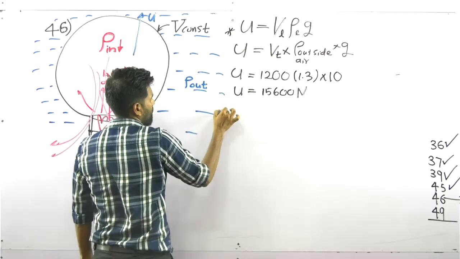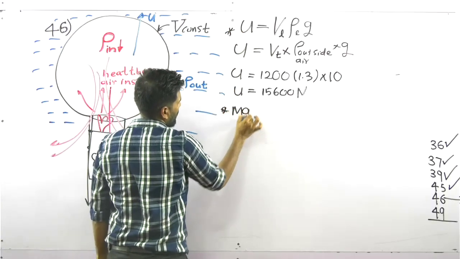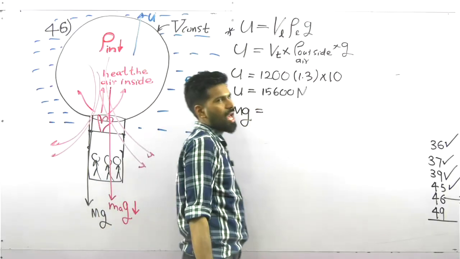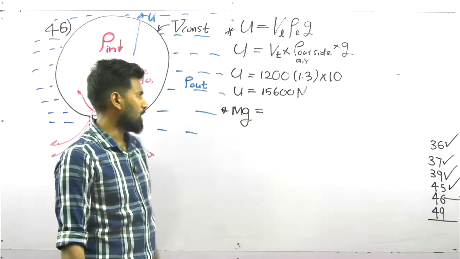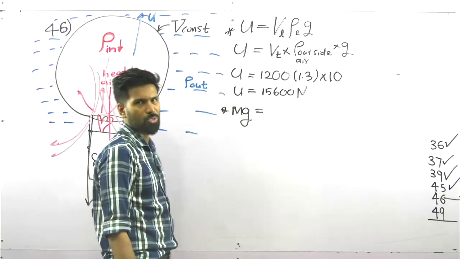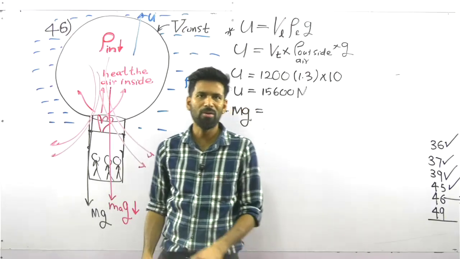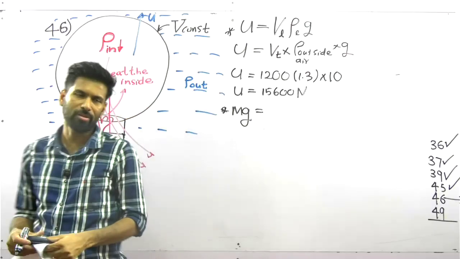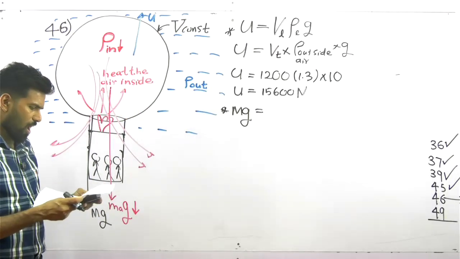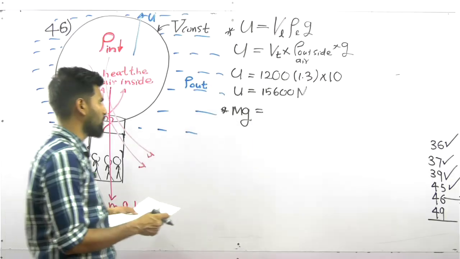Keep it. What is the weight of the balloon? Here they haven't mentioned the people inside the basket. So it's just the object weight, the rubber weight, especially this large rubber cover. It has a very large weight, about 400 kilograms.